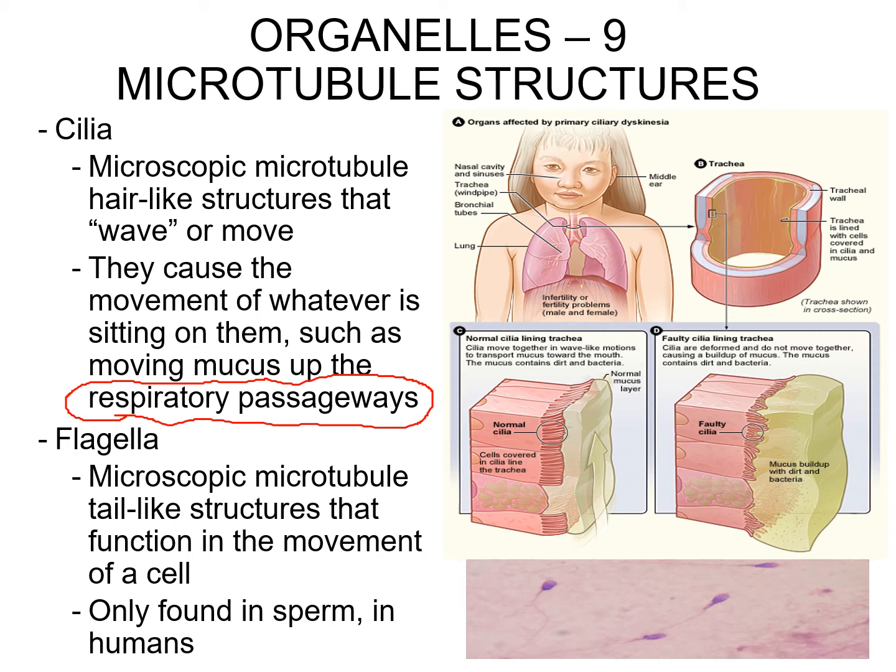So cilia, very, very important. You can take a look at the picture on the right, the first diagram. It's showing a small child who is suffering from a congenital disorder called primary ciliary dyskinesia. Dyskinesia means the inability to move or bad movement, so the cilia in this person do not move well.